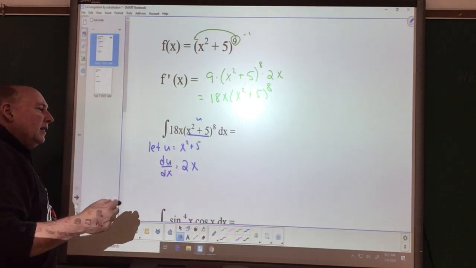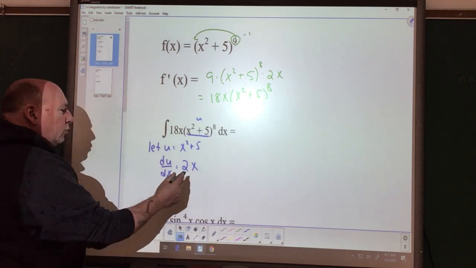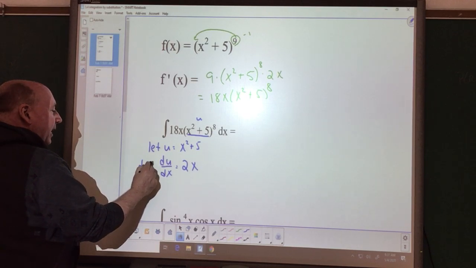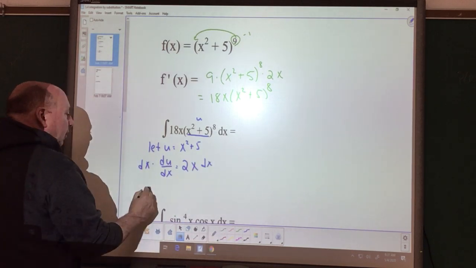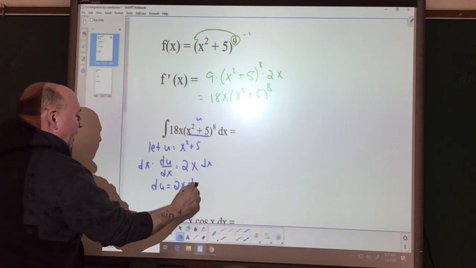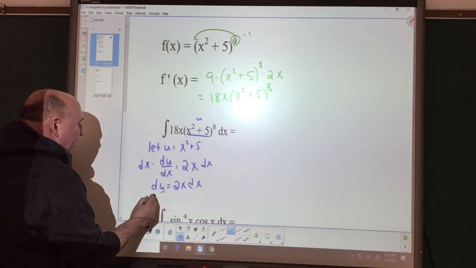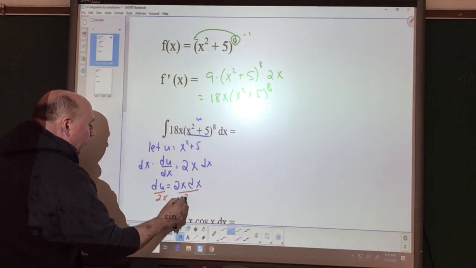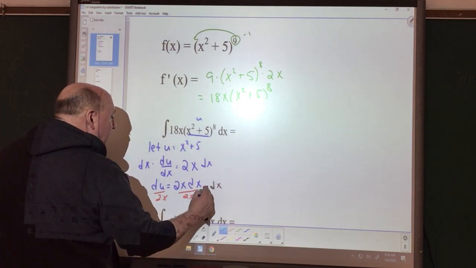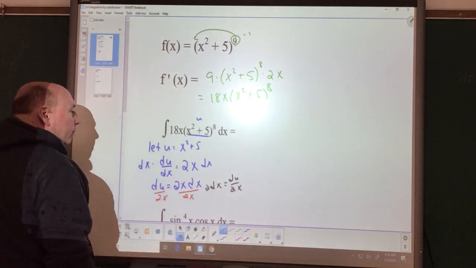We had to get rid of the dx, so we had to change this to a du. How do we change this to a du? If we multiply both sides by dx, we have du equal to 2x dx. Then dividing by 2x, this gives us dx equal to du over 2x.